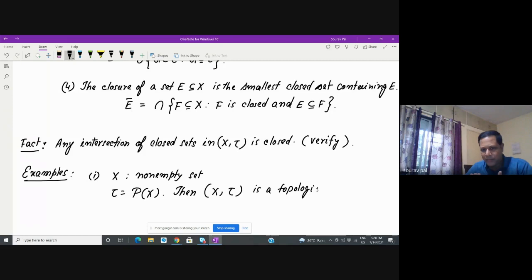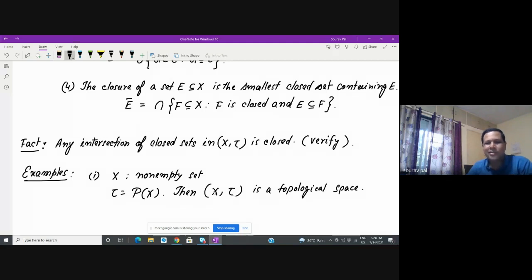Why? You need tau to be closed under arbitrary union and finite intersection. Nevertheless, the empty set and the whole set are there because it collects all the subsets of X. So it is closed under any union of sets inside it, and under any finite intersection, since it contains indeed all the sets.